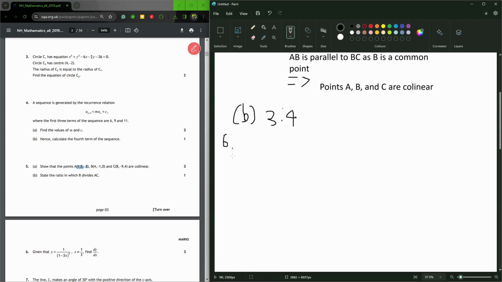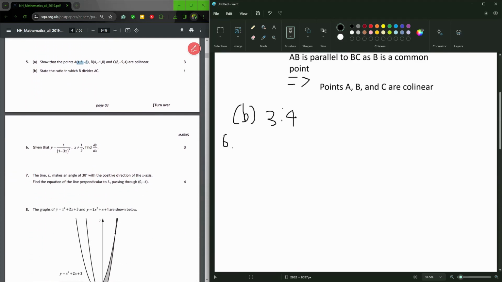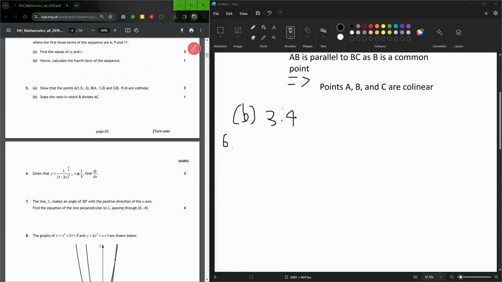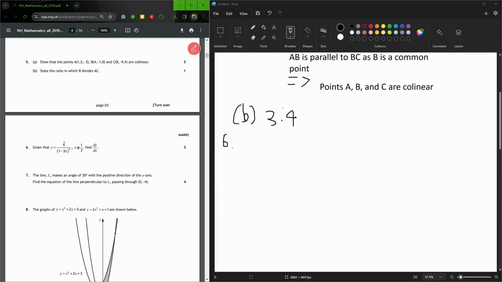Number 6. Given that y equals that horrible thing, find dy/dx. Sometimes they'll put stuff like this, like x does not equal 1/3. Now, you may be confused about what that does. Don't worry. When they have a not-equals condition like this, it's usually to stop this from being a weird undefined expression.